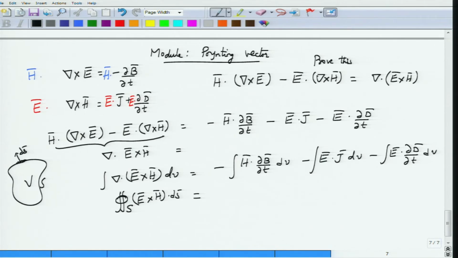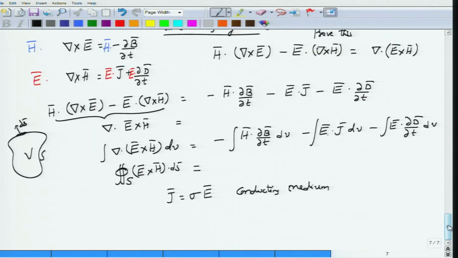Let us look at this term E dot J. Remember that J and E are related by Ohm's law for a conducting medium, in which sigma is the conductivity. So E dot J would be sigma magnitude E square.